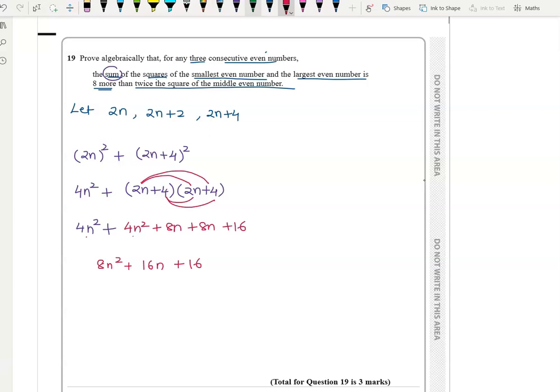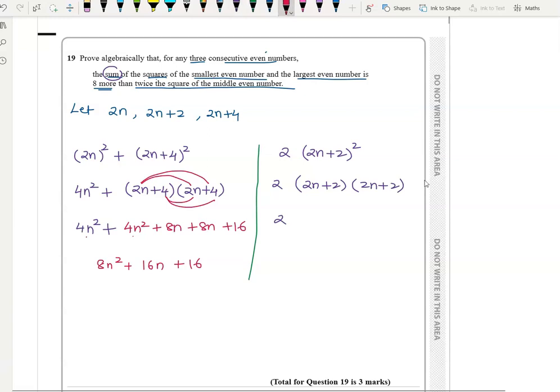Let's work out the right side. It says 8 more than twice the square of the middle even number. So it is 2 times the square of the middle number. So 2 bracket 2n plus 2 square. Now expand the bracket.